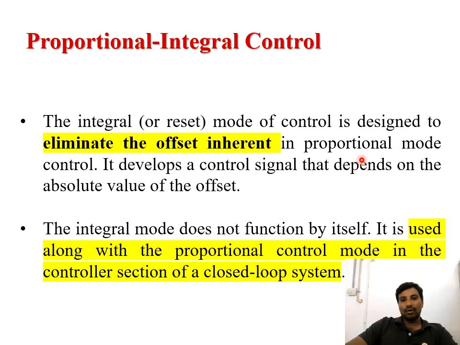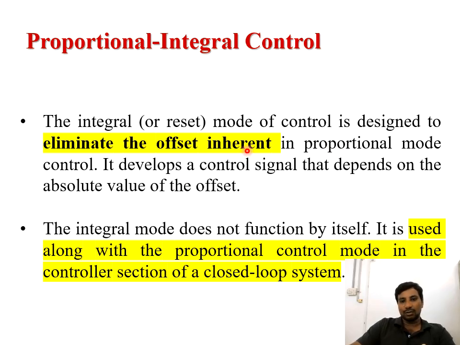The next important control mode is PI, that is proportional integral control. Any controller may have some inbuilt natural error that may deviate from the existing system. The integral mode of control is designed to eliminate this inherent offset.